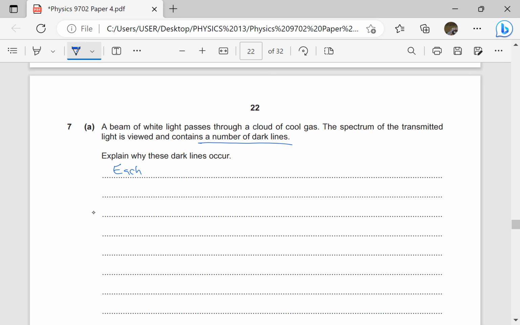Each dark line corresponds to a single wavelength or frequency, or photon energy.